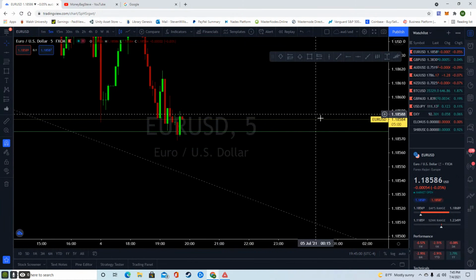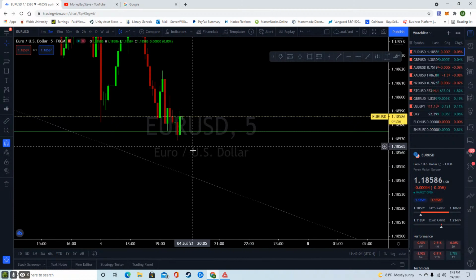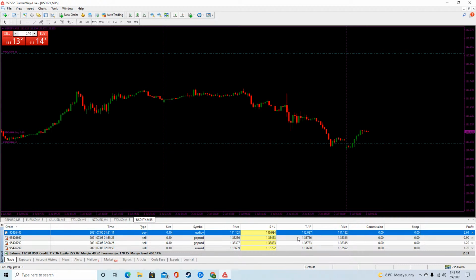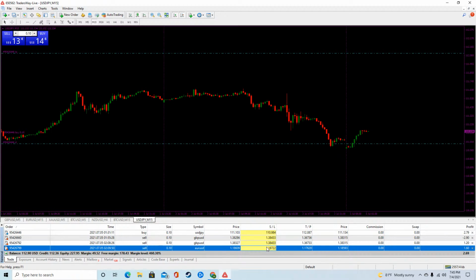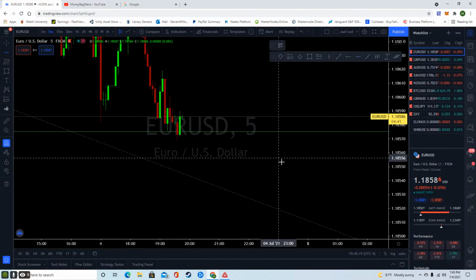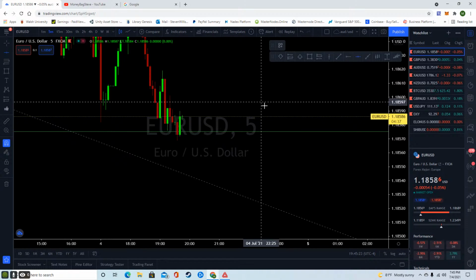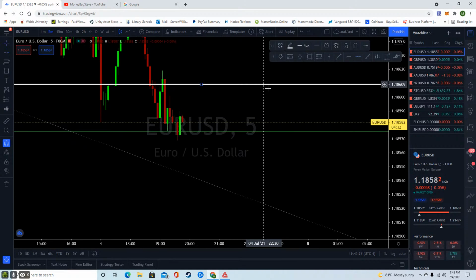Euro. Oh, it's finally breaking through. See, it broke through now. Euro USD, we got in at 18,609. Boom.